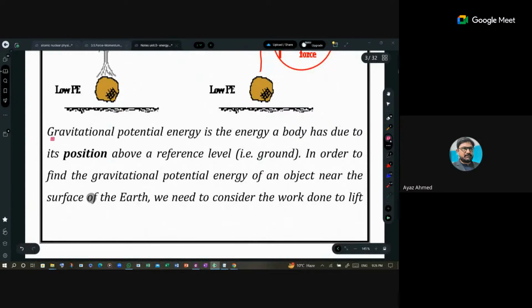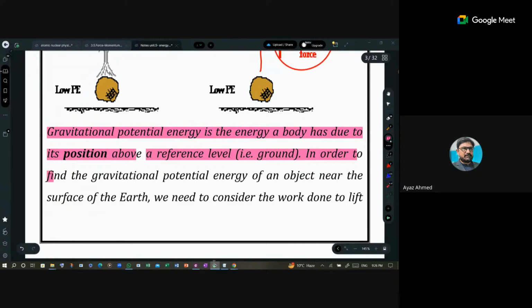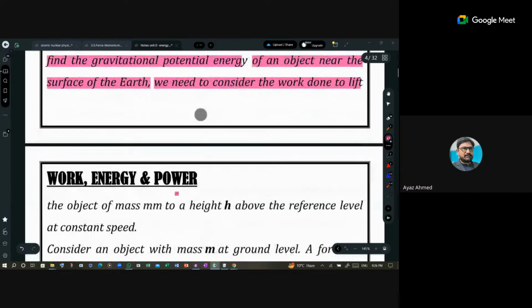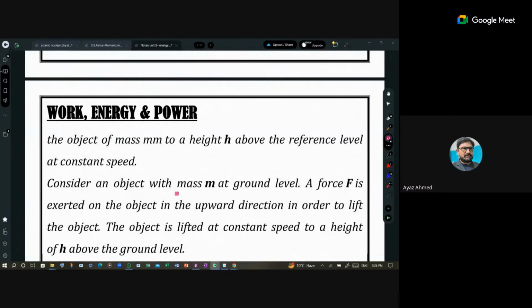Gravitational potential energy is the energy of the body due to its position above a reference level or point. In order to find the gravitational potential energy of an object near the surface of the earth, we need to consider the work done to lift the object of mass m through a height h above the reference level.